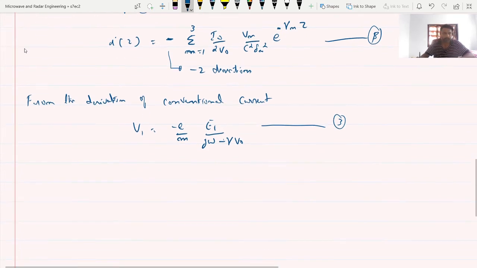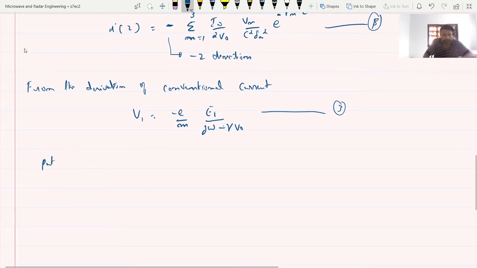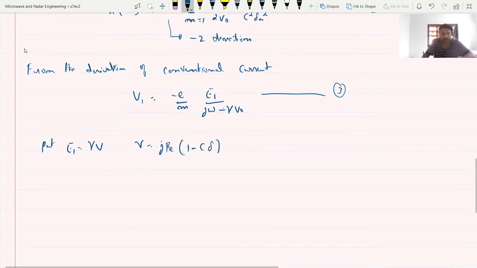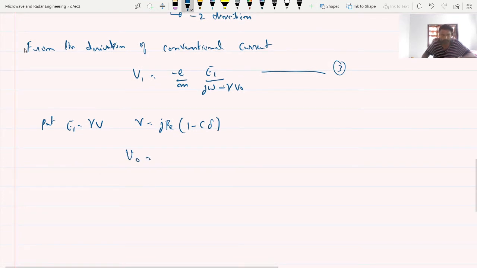So I will put E1 is equal to gamma into V. Gamma is nothing but J beta E into 1 minus C into delta. V naught is nothing but root of 2 E V naught by M. Beta E V naught is nothing but omega.